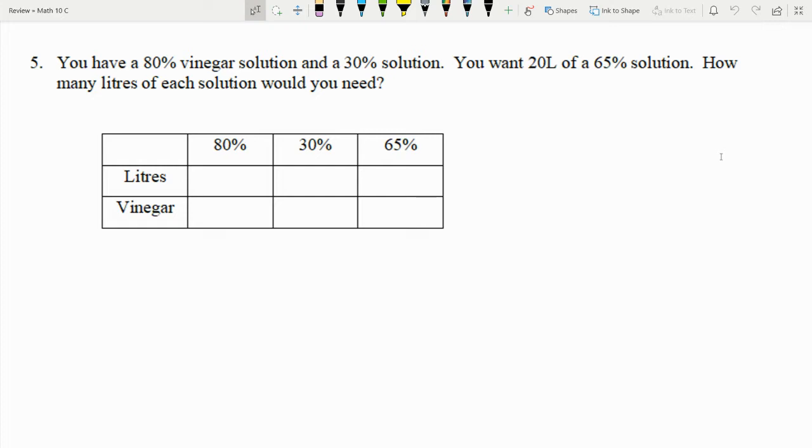Okay, so we know the percent of each solution. We just need to know the amount of liters. In this case, I don't know how many liters of each solution I would need, so let's label my variables here.